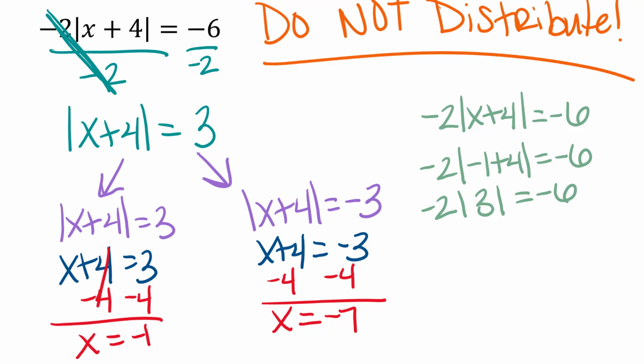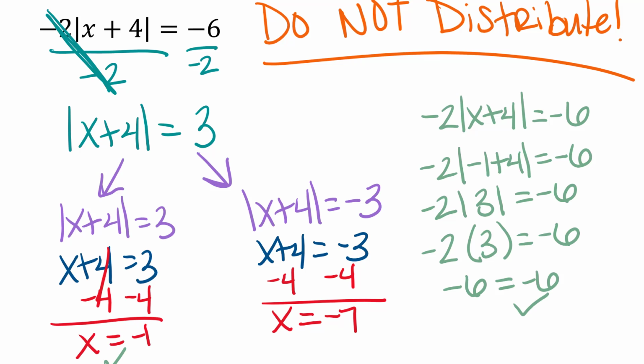And once I've taken the absolute value, I can then change it to those parentheses for that multiplication. But you have to take the absolute value of it first. And we get that -6 equals -6, which is good.